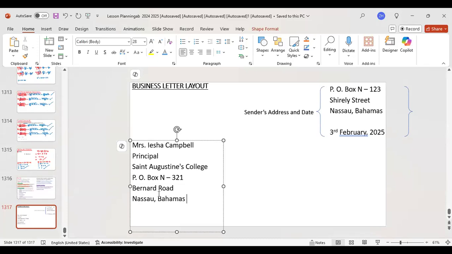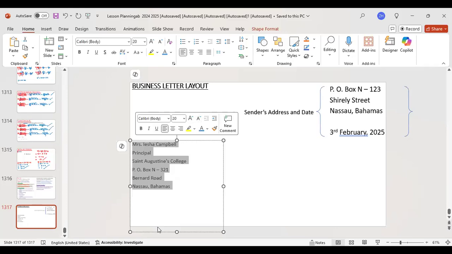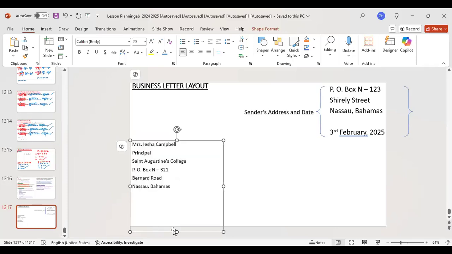So if we were writing to a manager, it would be like Mr. Kevin Rule, manager, Blue Lagoon Restaurant, PO Box, East Street, Nassau, Bahamas. So it depends on what their title is, right? Is that making sense to y'all? Okay, good.